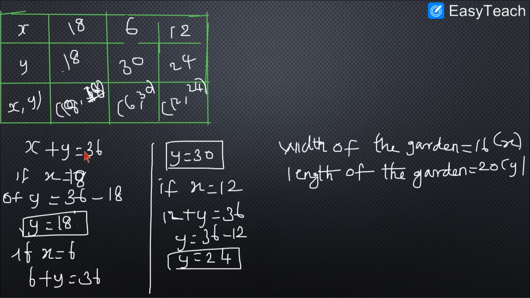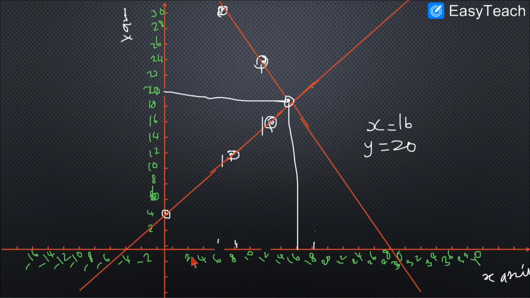It need not be a multiple of 6, but for simpler calculations we use that trick. And one more thing, in the graph I took each unit as 2, since the numbers are bigger, up to 30 and 36. So this is how you change according to your problem. Hope you understand.